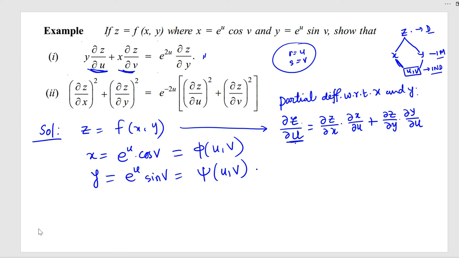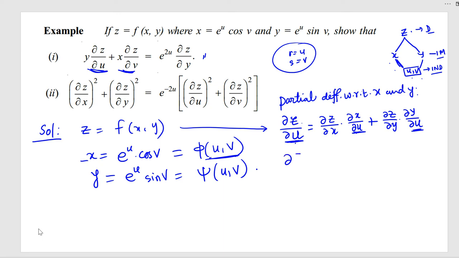Because when we talk about u, we will always have u. And since x is a function of u and v, see here, x is a function of u and v, so that is why we have this.